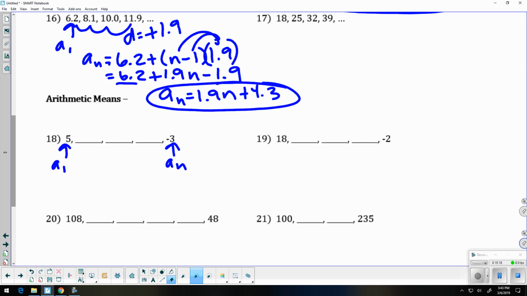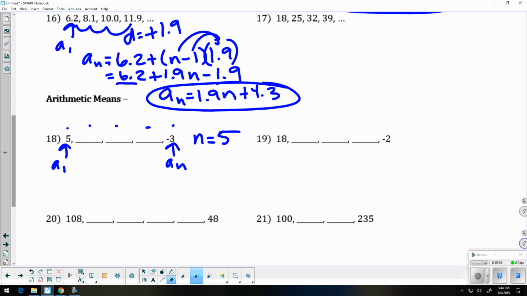We should also know how many terms are in this sequence. If you count it out, 1, 2, 3, 4, 5 terms. What we don't know is how we're getting to the next term after 5.